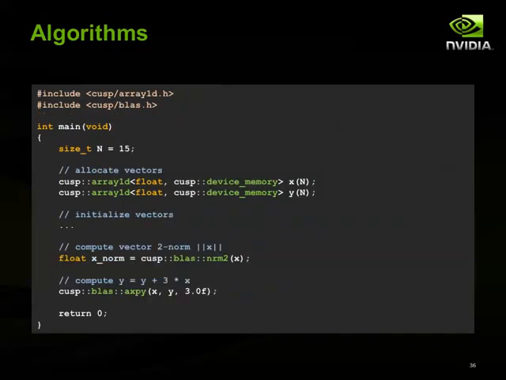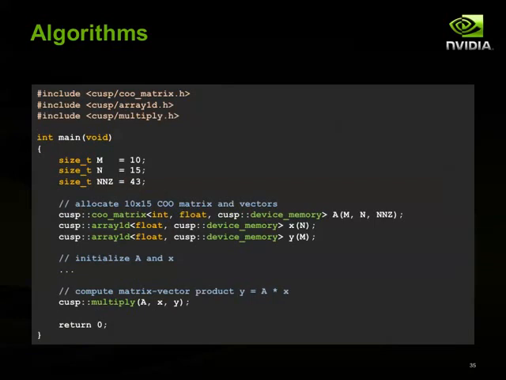Okay. So the nice thing about it is it works for any kind of multiply that makes sense. So this can be a dense matrix, and a dense matrix, sparse matrix, sparse matrix, sparse matrix. And it will decide what algorithm to do. So you just say multiply, and you don't have to tell it what format or anything. It figures that out for you.